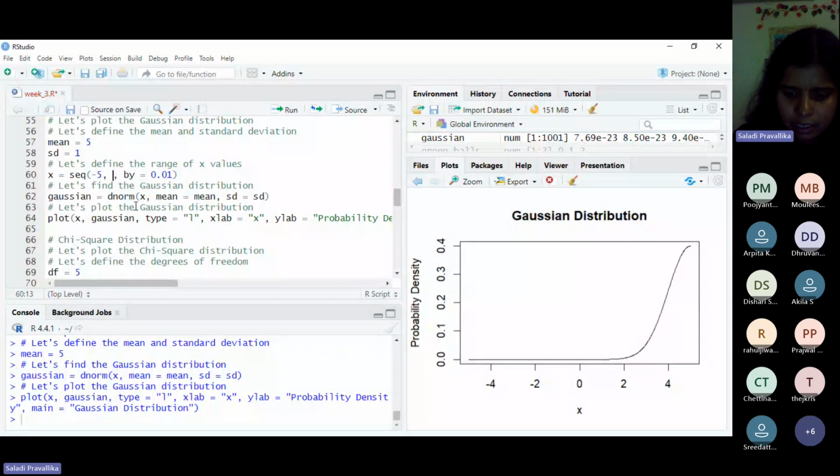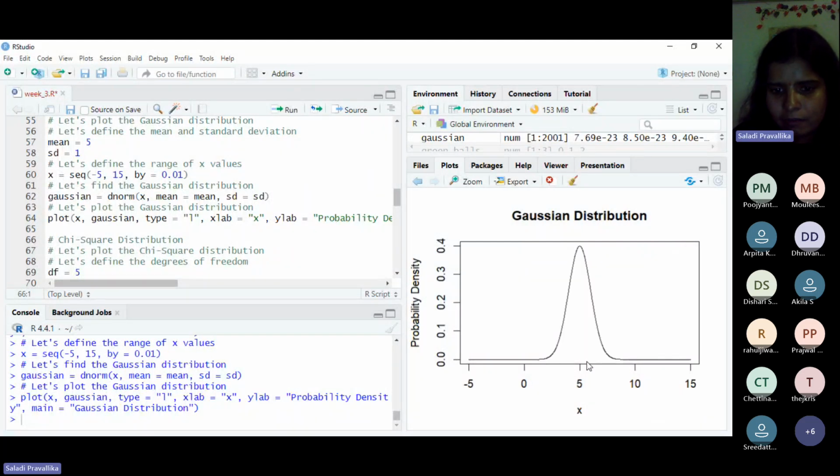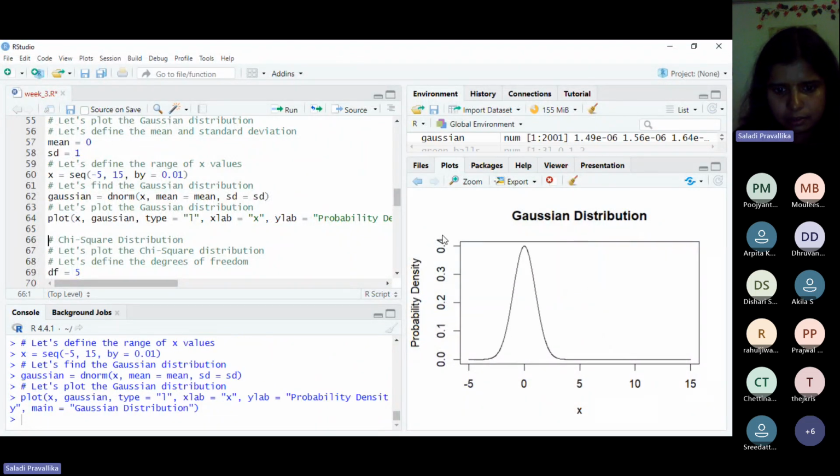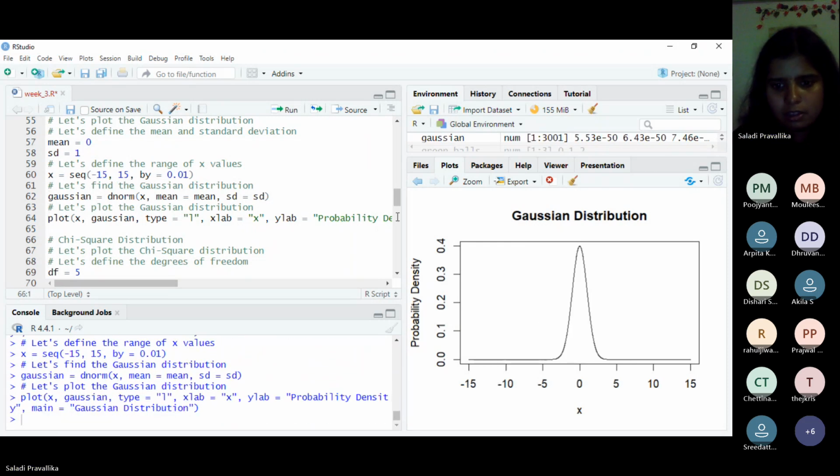When I say mean is equal to 5, now I got the peak exactly at 5, right? So while changing the mean, the peak point in the graph is shifting by that value. So let me bring it back to 0. Let's plot it again. So we are having it exactly at 0.